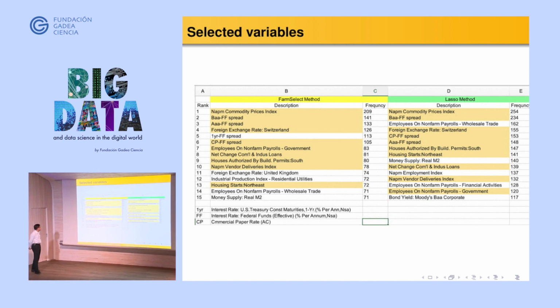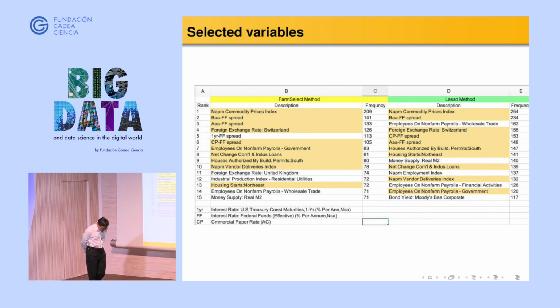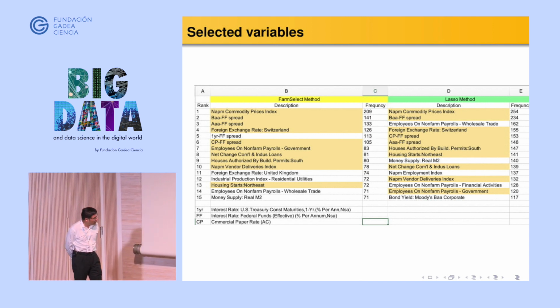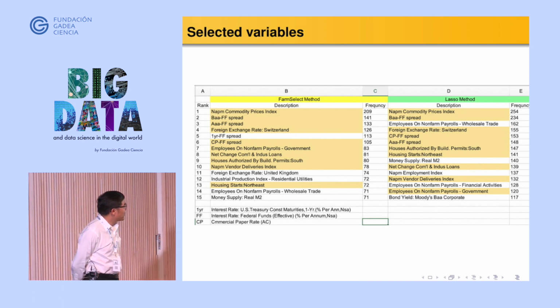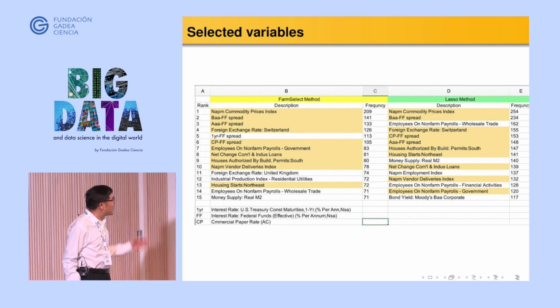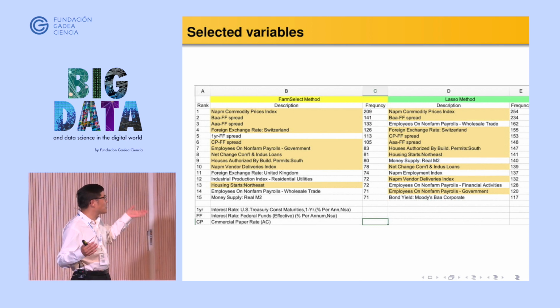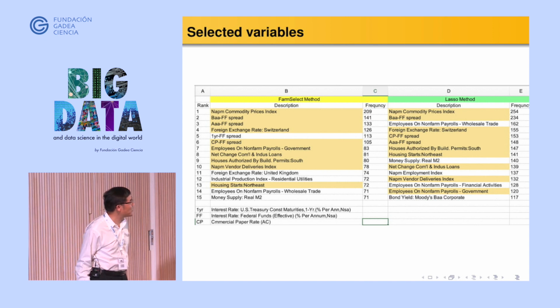The second one is BAA, I mean bond versus the federal funds rate spread, right? So it is a risk premium. And the third one is AAA minus the federal funds rate, and so on and so forth. If I go into detail, you can see which one is more reasonable.